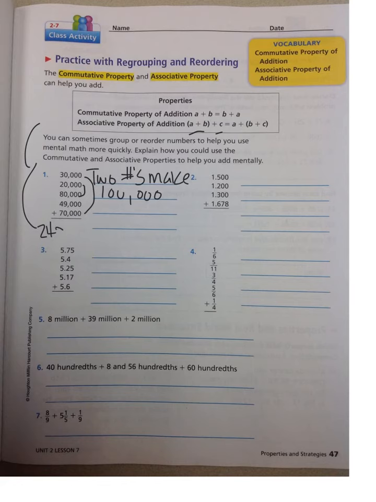So I added mentally all of them. So you could check 30,000 plus 70,000, and then you have 20,000 plus 80,000, and both equal 200,000 together. So that's how you're doing that one.